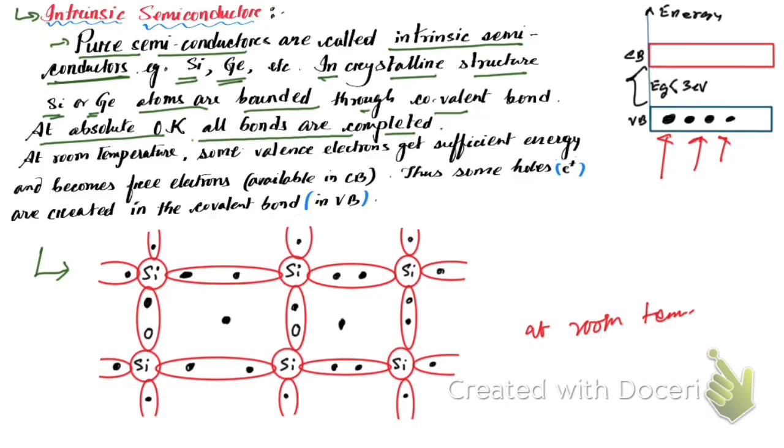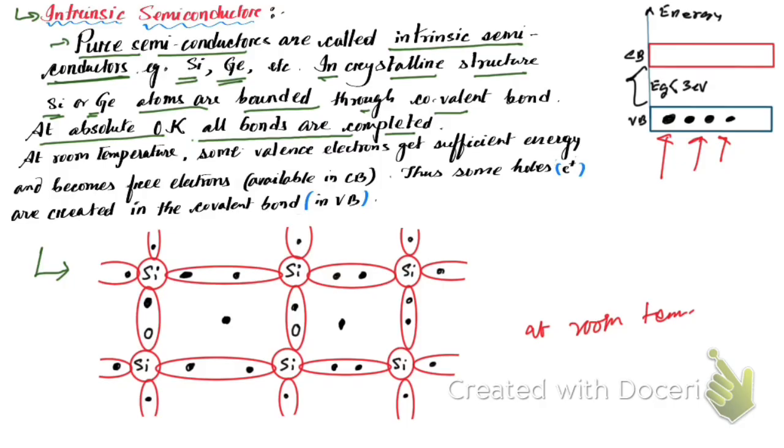From this bond one electron is available, from this bond also one electron is available. So that's how a few electrons will be available in the conduction band. That means they are free, available for conduction of electricity.